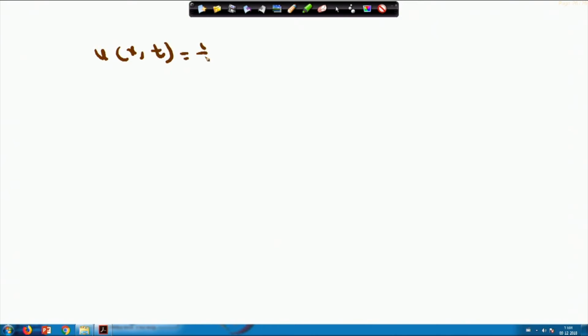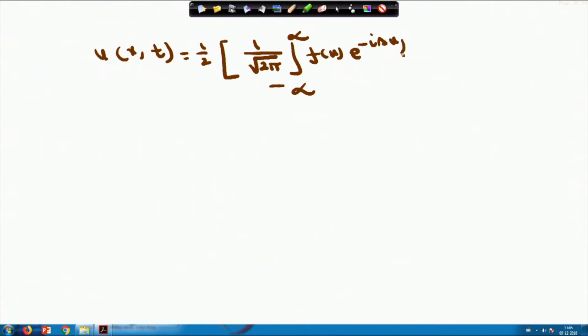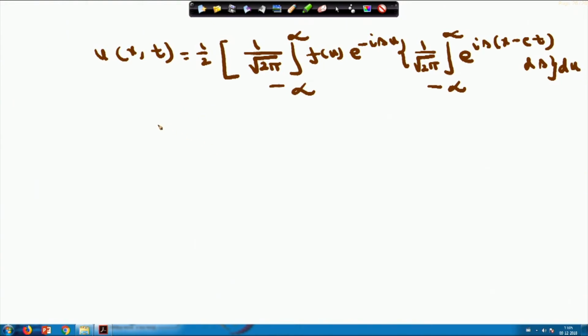Half into 1 by root 2 pi integral from minus infinity to infinity f u into e power minus I s u, into 1 by root 2 pi integral from minus infinity to infinity e power I s into x minus c t into d s, and then d u will come, plus 1 by root 2 pi integral from minus infinity to infinity f u e power minus I s u.